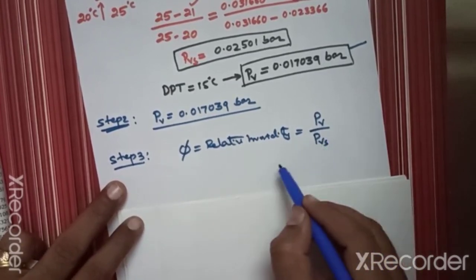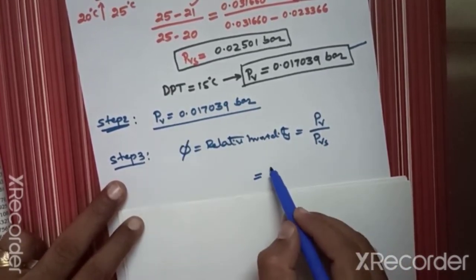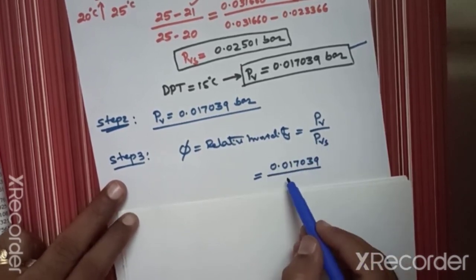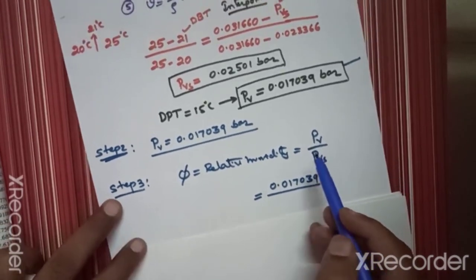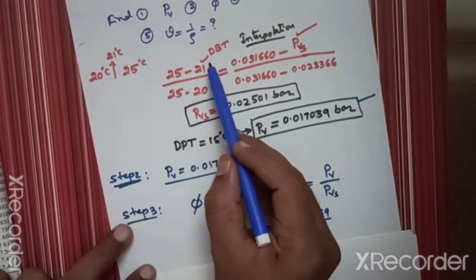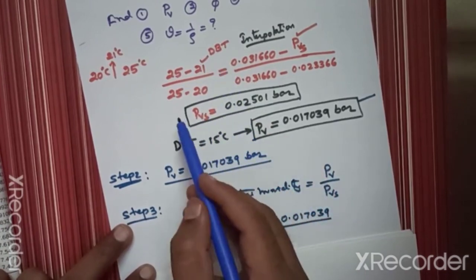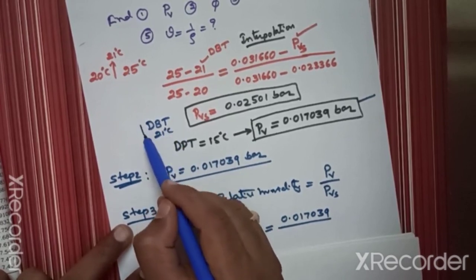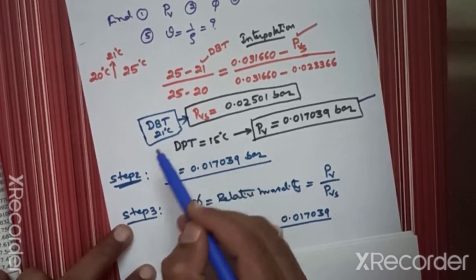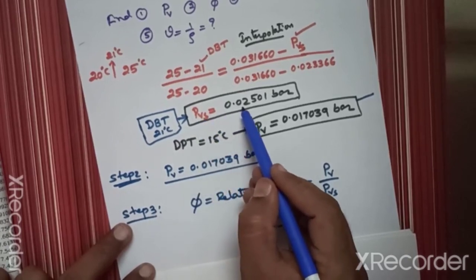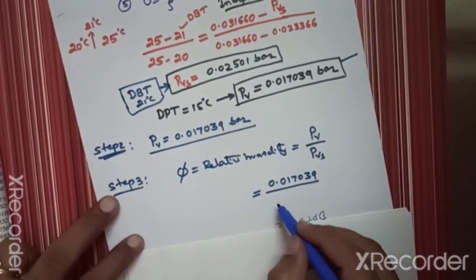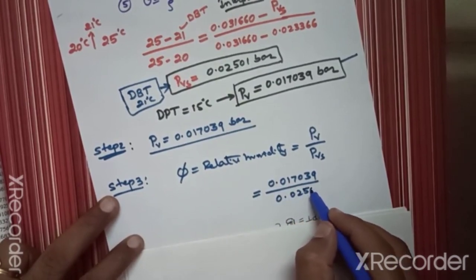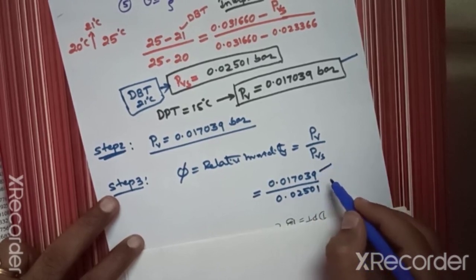The pressure of the vapor is already a known value we have calculated, 0.017039 in bar, divided by the pressure of the saturated vapor, that is from the dry bulb temperature at 21 degrees Celsius. That value we have taken, PVS is equal to 0.02501 bar. This is also in bar.